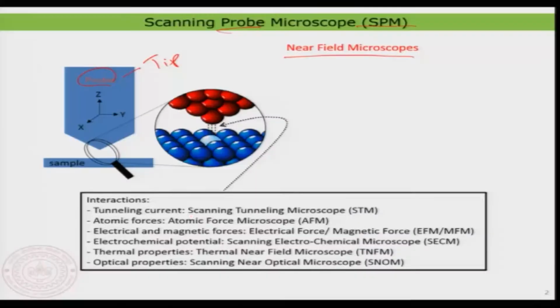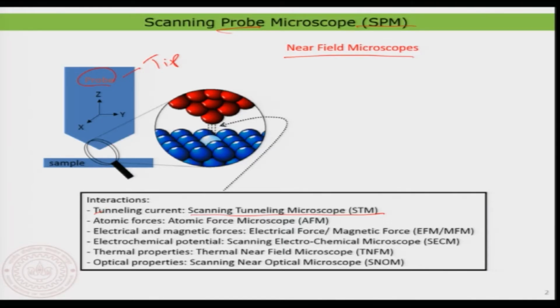Now let us look at the possible interactions that can lead to an image of the surface. These are what make the different types of probe microscopes. As you see here, there is the scanning tunneling microscope, generally known as STM. In that, you measure something like the tunneling current between the surface and the tip.